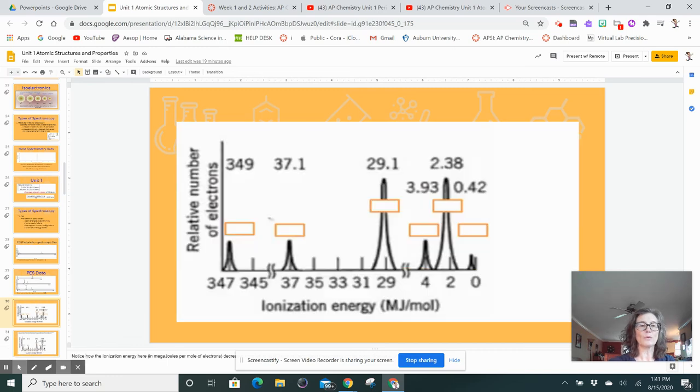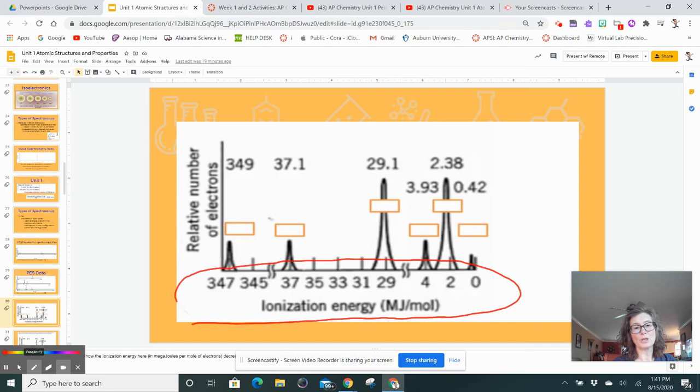All right, so again, I look and I see where's my highest energy. Now, be careful looking at the energy. It's not always going to go from lowest to highest, so make sure you look at the numbers. So we see in this case, this is the highest one, okay? And then we go from there.